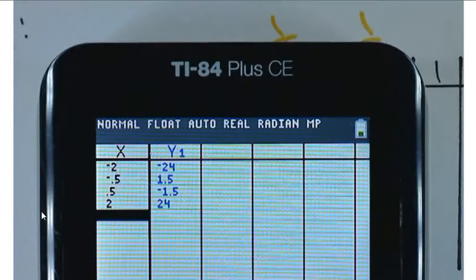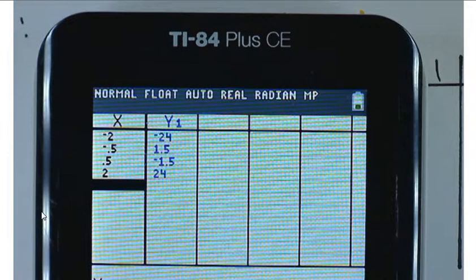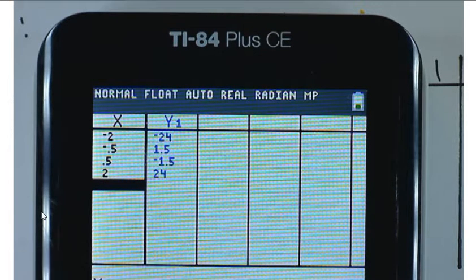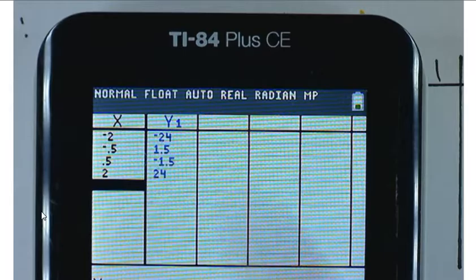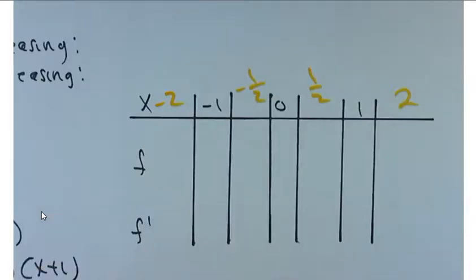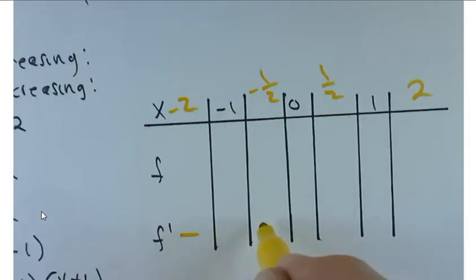Now I don't really care about the exact values I get for the y coordinate here. Does anyone know or can tell me what information am I looking to see from this menu? Positive or negative? I just want to know, is the function increasing or decreasing? And what tells me that is just the sign of this in that interval. So those signs alternate. They start out negative, positive, negative, positive.